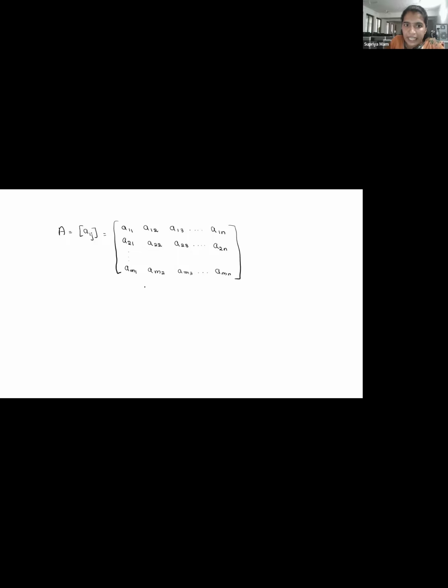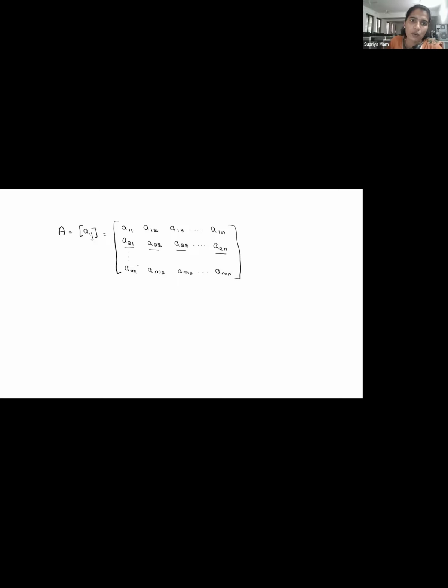Now, if I consider a particular row, say second row, entries are a21, a22, a23, etc., a2n. Throughout, the row value remains the same. That is 2, 2, 2. The first suffix will remain the same.